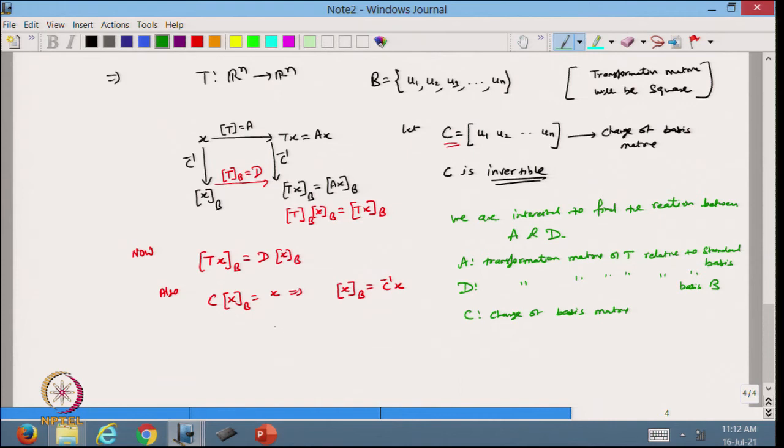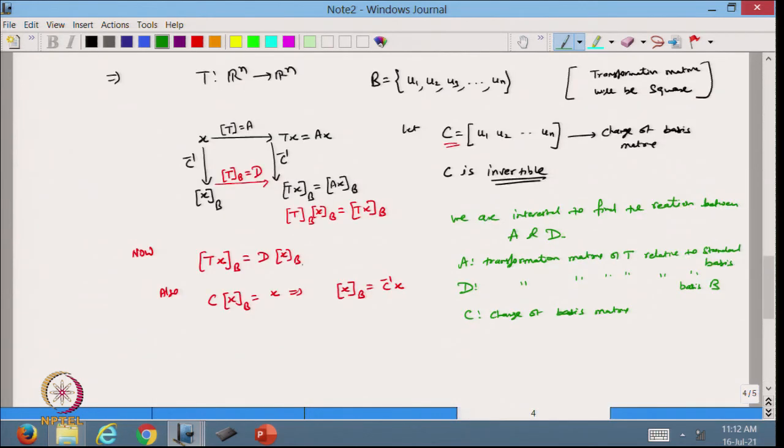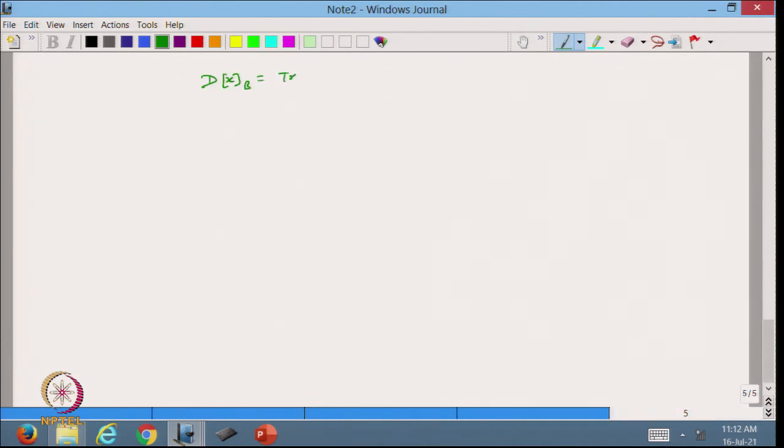Now, from here I just write D of x B. So, this is D of x B, that is equal to T x B. And what is T x B?